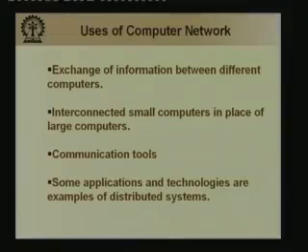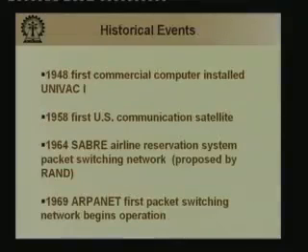So you want to distribute this functionality of booking tickets all over the country, and that is what we do. So these are examples of distributed systems. So this is a distributed reservation system. Similarly, there could be other kinds of distributed systems, there could be distributed databases and all kinds of applications. So that is the other application of networks.